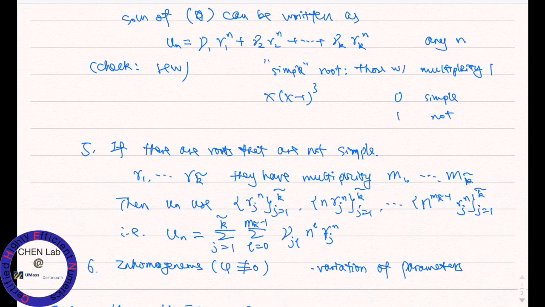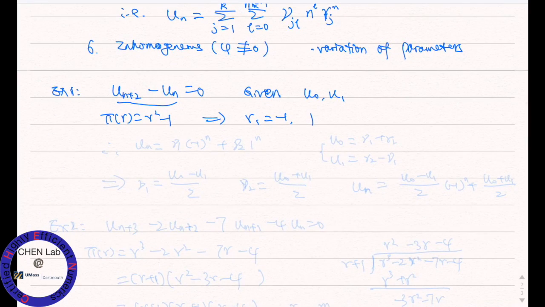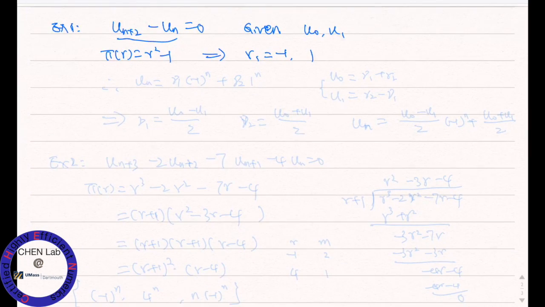So the solutions are -1 and 1. And by our number 4 above, once you get the solutions, the u_n is nothing but gamma 1 times -1 to the n, plus gamma 2 times 1 to the n.